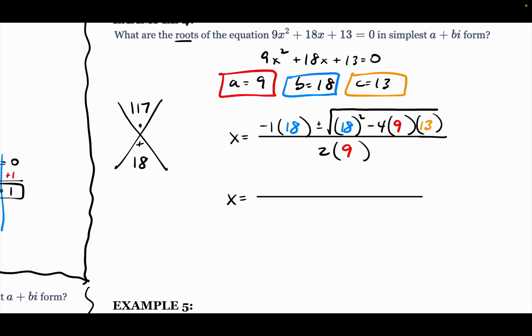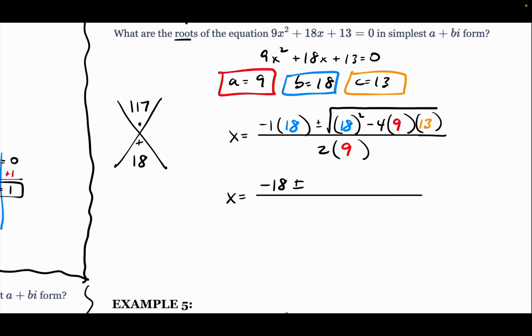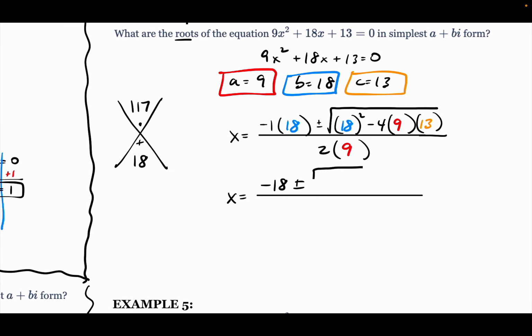So -1 times 18 is -18, plus or minus. 18 times 18 is 324. 4 times 9 times 13 is, I believe, 468. Yeah, thank you. And then 9 times 2 is 18.